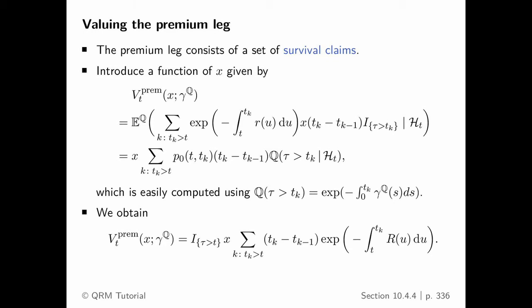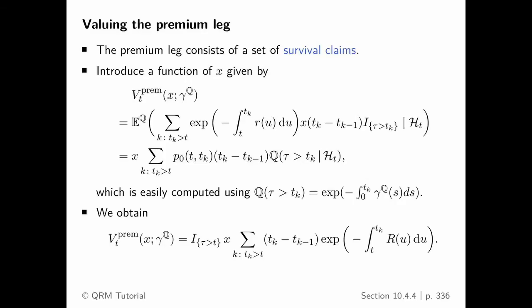Each premium payment occurs at a deterministic date, and it has a deterministic size. The only thing that is random is that we have to make the premium payment only if the reference entity is still alive at that time. So it's a sequence of survival claims, and each of these survival claims we can price, and that gives us the value of the premium leg, of the premium payments.